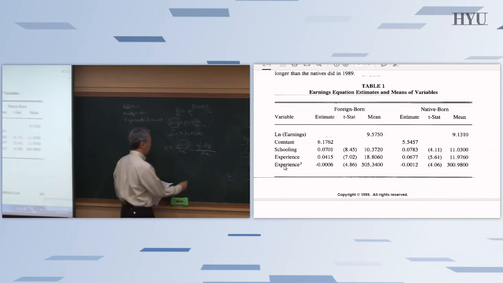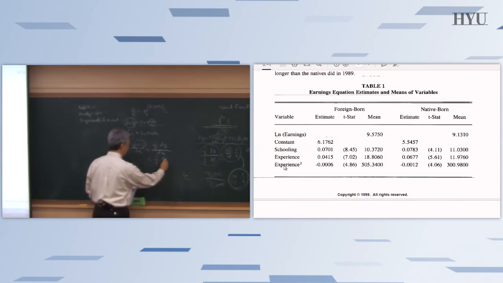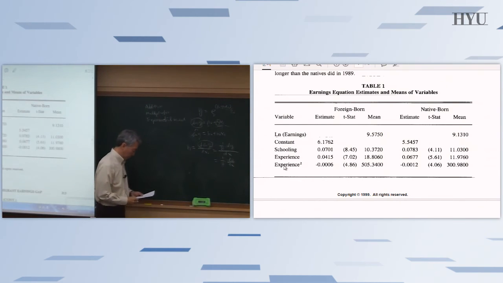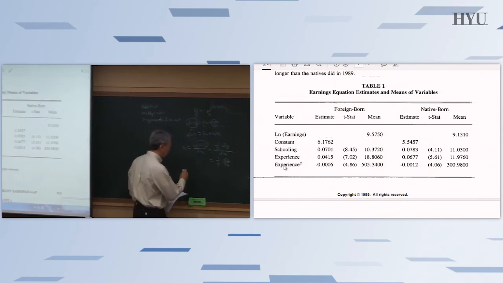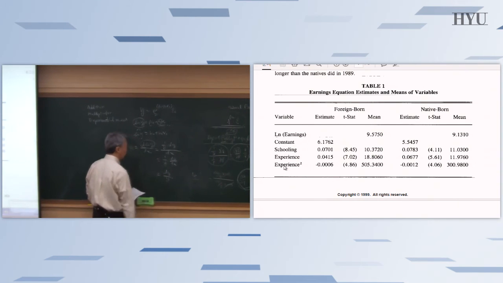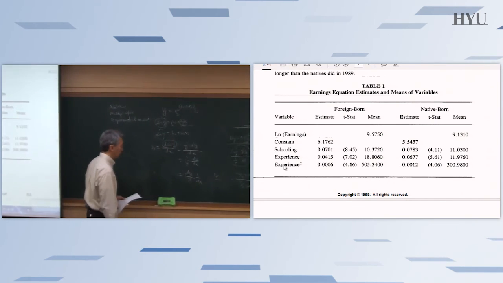That is 1 over y, dy over dx. We can rewrite this as dy over y times 1 over dx, right?